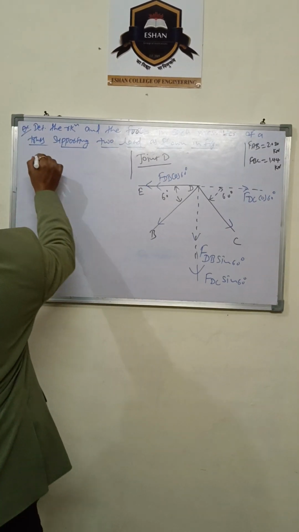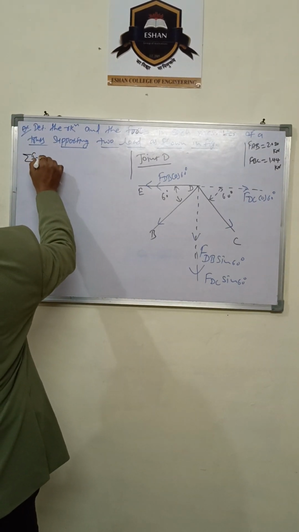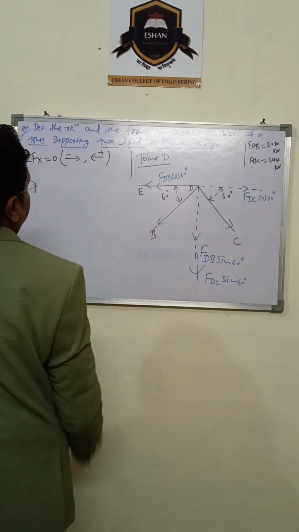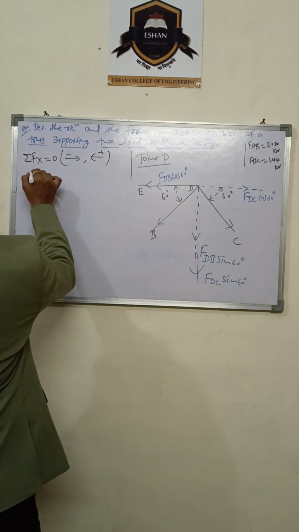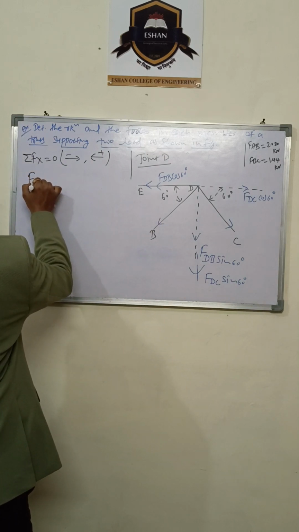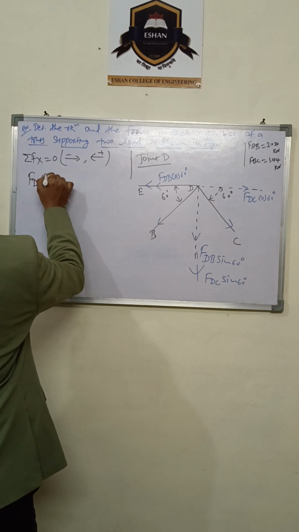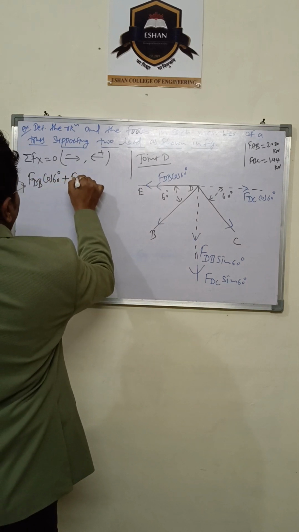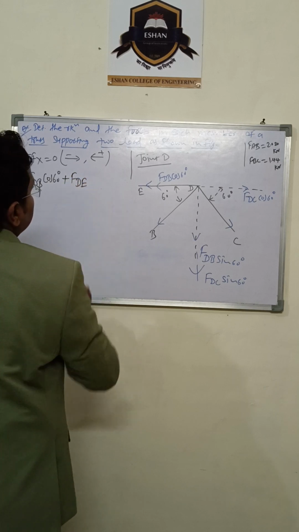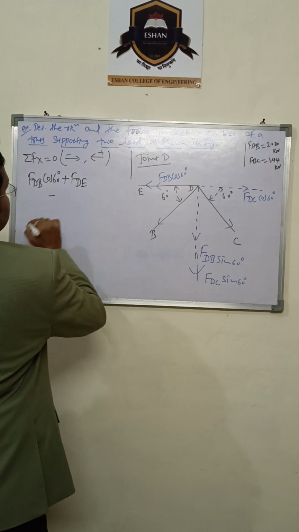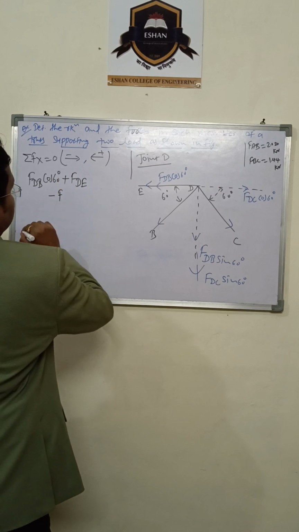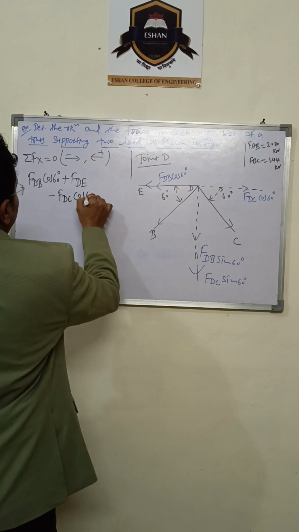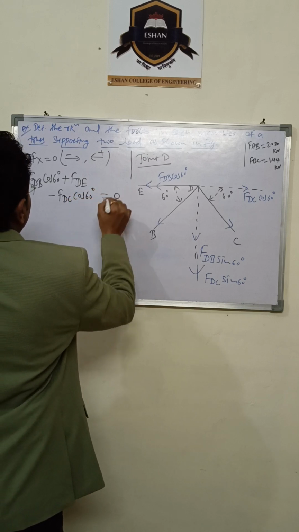Now consider the next equilibrium condition. Summation of Fx equal to 0. Left to right negative and right to left positive. FDB cos 60 degree plus FDE minus FDC cos 60 degree equal to 0.